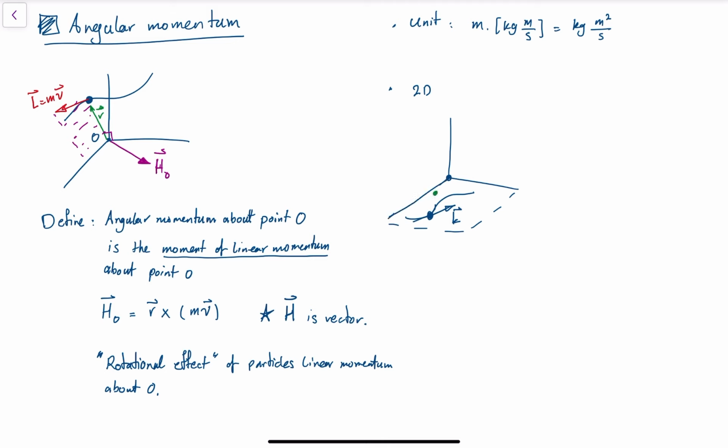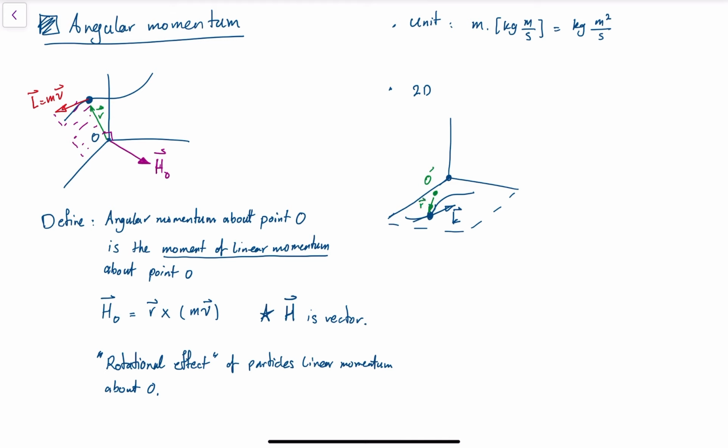You remember, to find the moment of a vector, you can draw a vector from that reference point to your location, call it vector r, and calculate r cross L. Or you could find the shortest distance, d, from the point to the line of that vector. And here you can find h. It is r cross L always. Always you can use this.